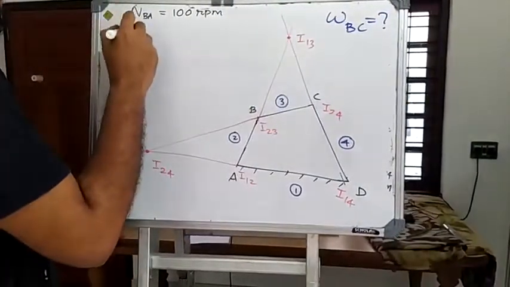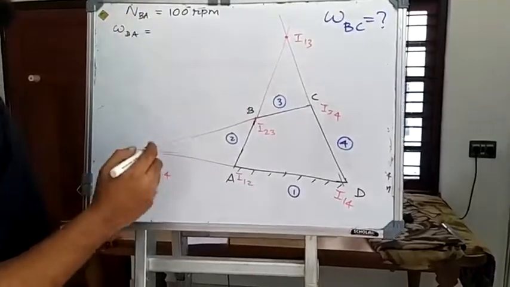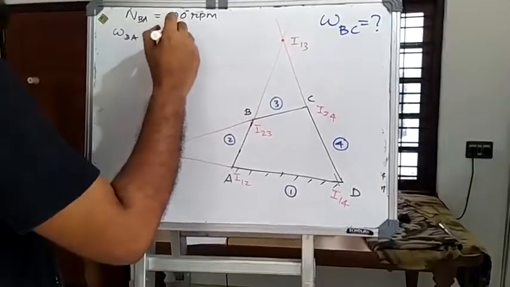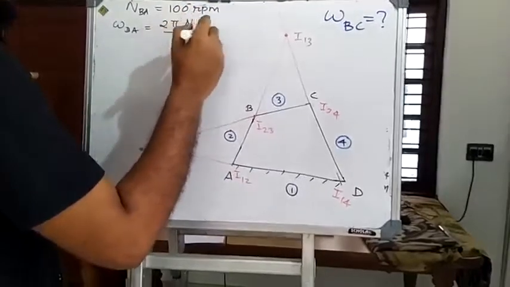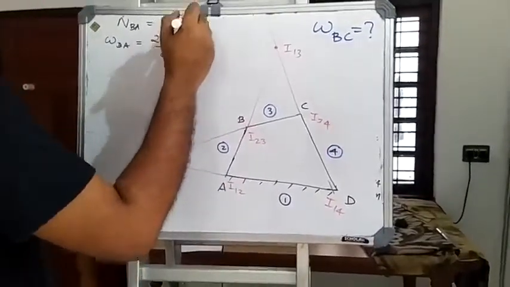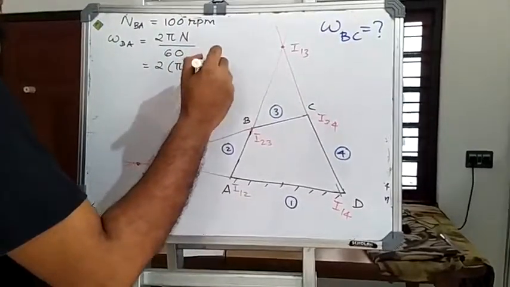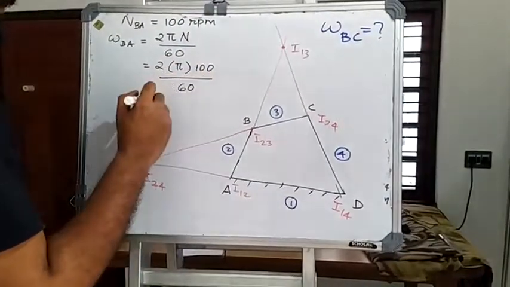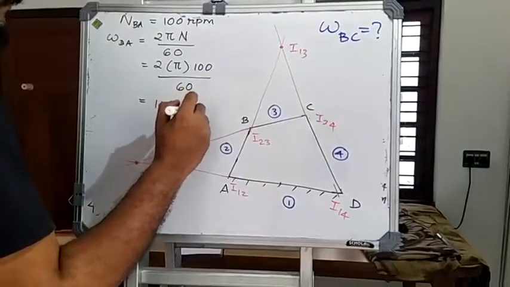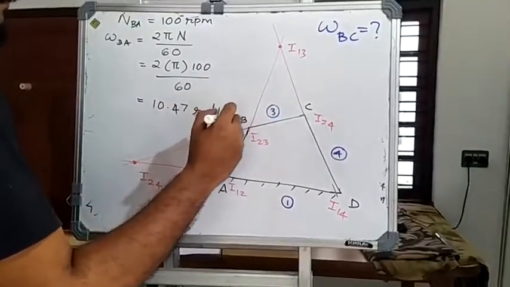So omega BA can be calculated as 2 into pi into n divided by 60. This n is nothing but 100. That means 2 pi into 100 divided by 60. You will obtain 10.47 radians per second.